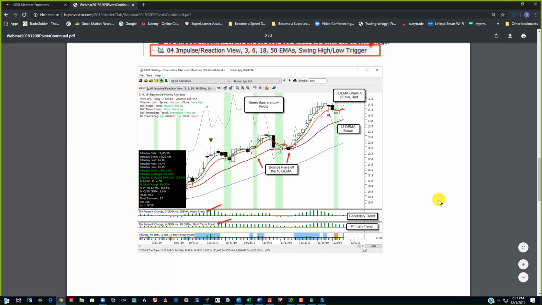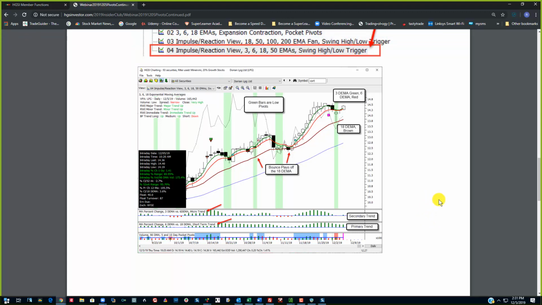These green lines represent a low pivot pullback, and in the filter, the price of the security, whether it be a stock or an ETF, has to be at least 30%, I believe, off the low on the daily range.